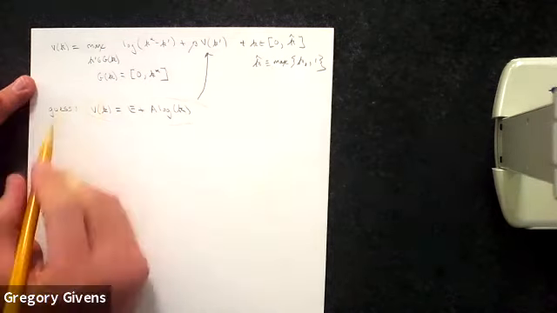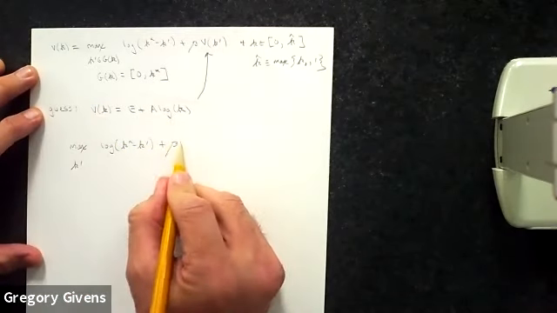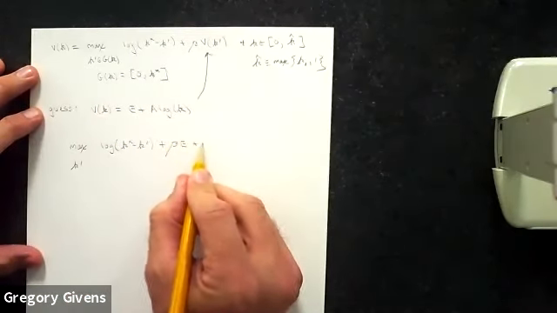So now the Bellman equation becomes the max over k prime of the log of k to the alpha minus k prime, plus beta times v of k prime. Well, that's just beta times e plus beta times a times the log of k prime.